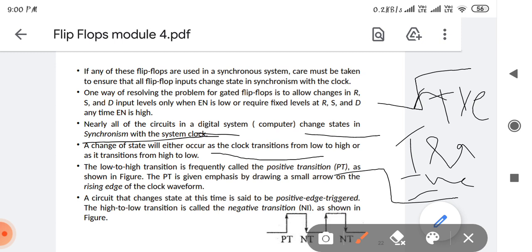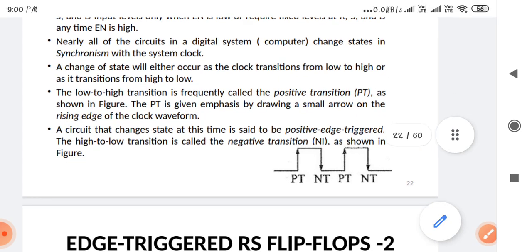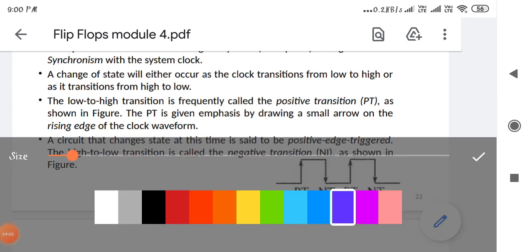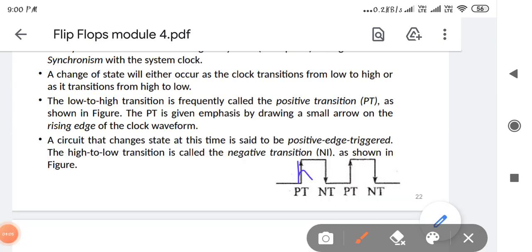A circuit that changes state at this time is said to be positive edge triggered. The high to low transition is called a negative transition, as shown in the figure. This is the rising edge, low to high, a positive transition; high to low is a negative transition.